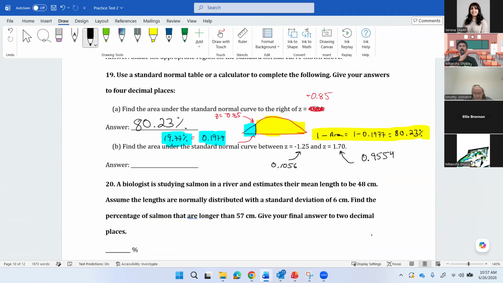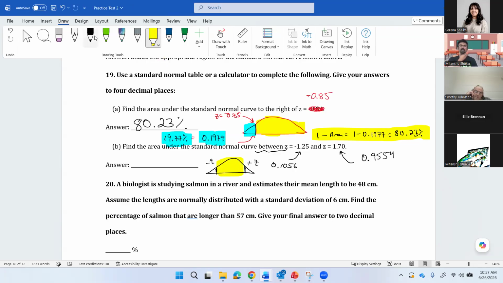So when they're looking for something in between, it doesn't hurt to visualize this real quick. This negative z-score is here somewhere, the positive z-score is here somewhere, and they want the stuff in between.